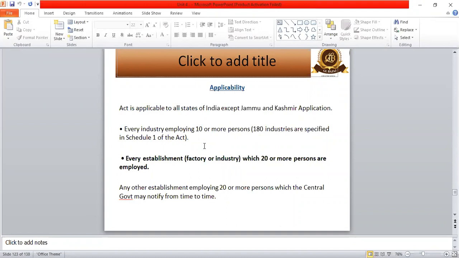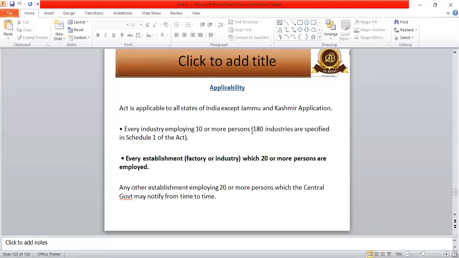Schedule 1 is mentioned on the EPFO website, and the names of 180 industries are mentioned, so that if those industries have employed 10 or more persons, then it's mandatory for them to provide PF to their employees. The list of the industries is also mentioned there.